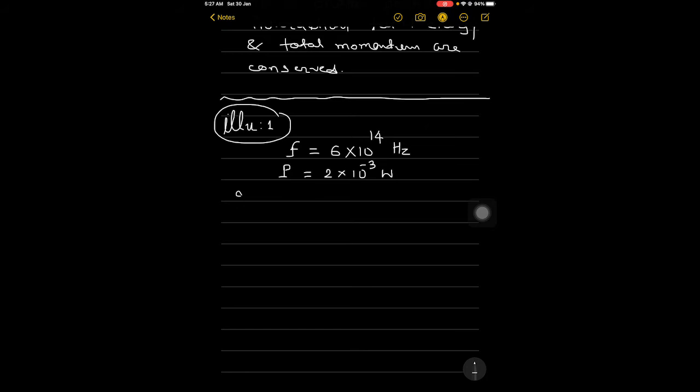So the first question asks us to find the energy of a photon. And second, how many photons per second on an average are emitted by the source? So the second question asks about the number of photons emitted per second.